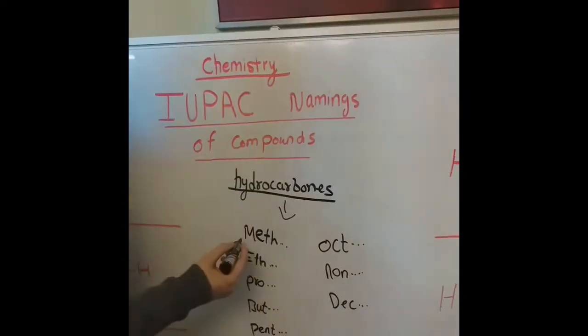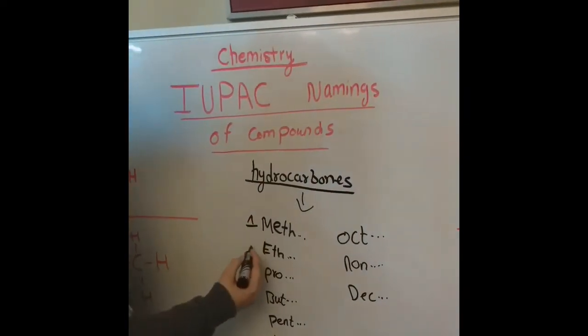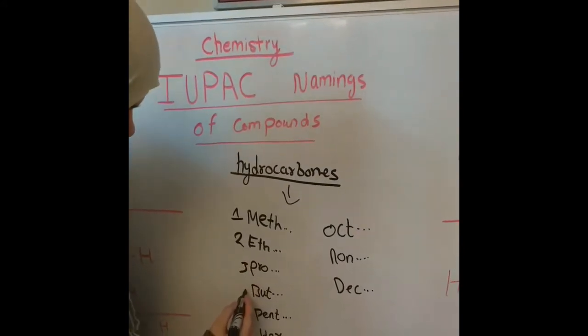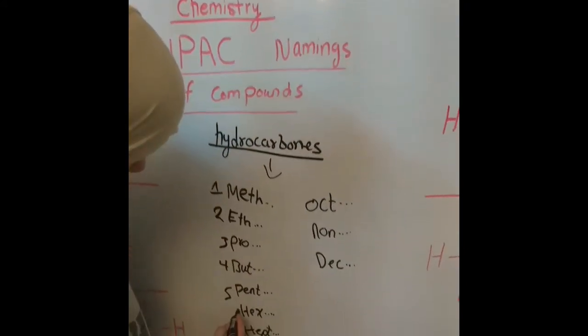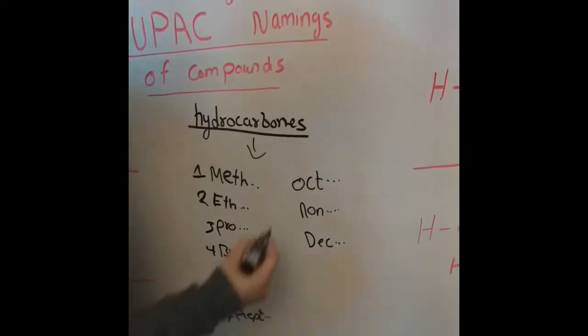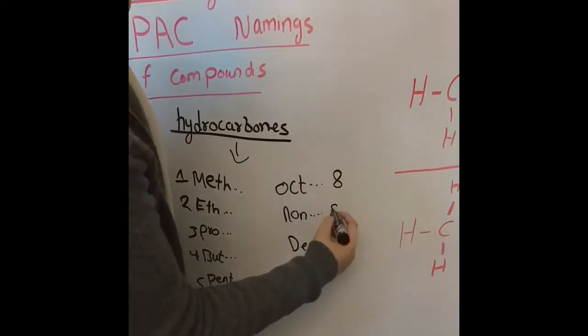That means methane is 1, ethane 2, propane 3, and so on: 4, 5, 6, 7, 8, 9, and 10.